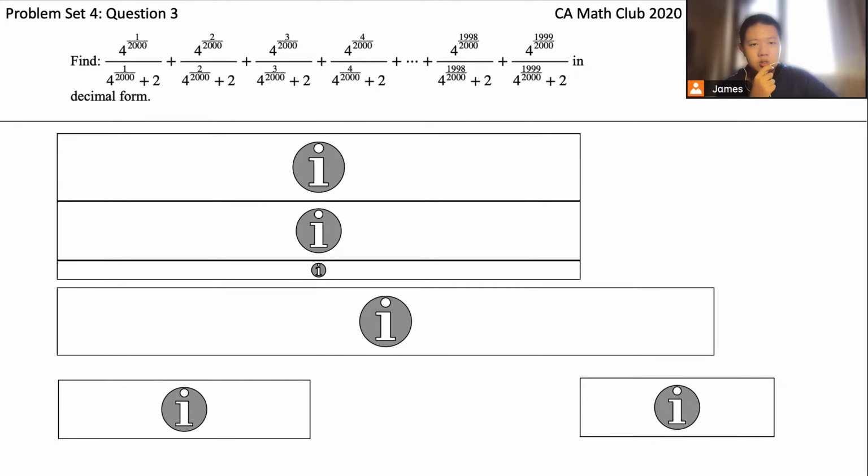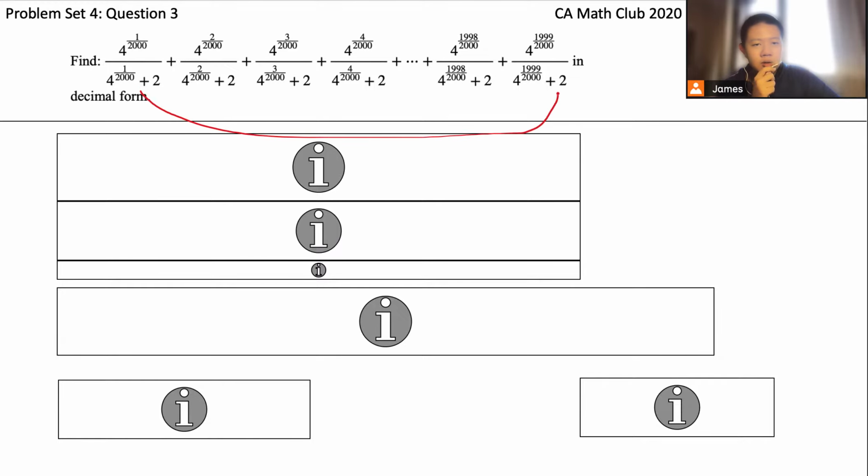This seems like a super complicated equation, and you're looking for the sum of it. So you should basically have a thought when you start seeing this: could you group different numbers together? For instance, you might group the first number and the last number.